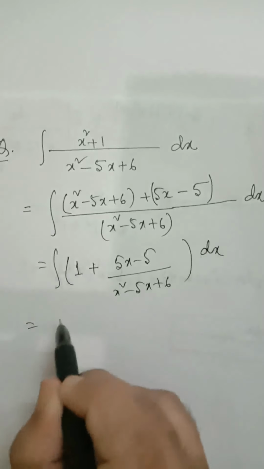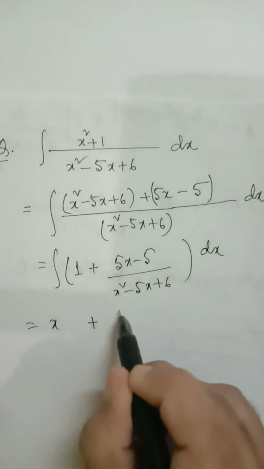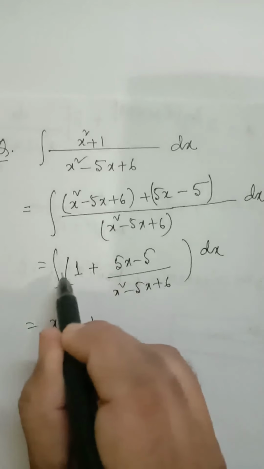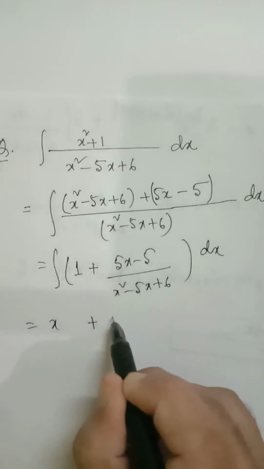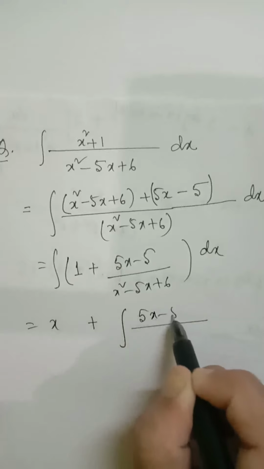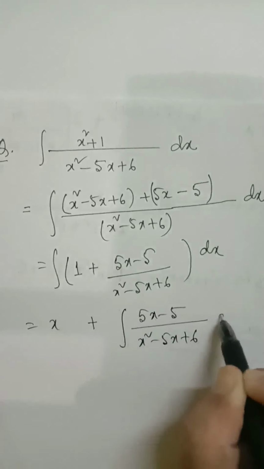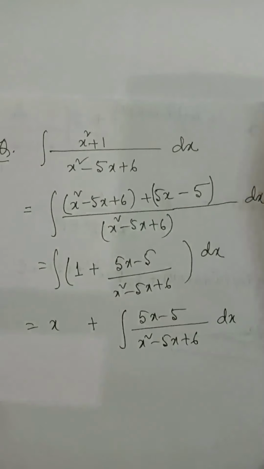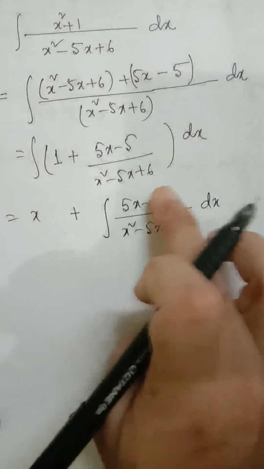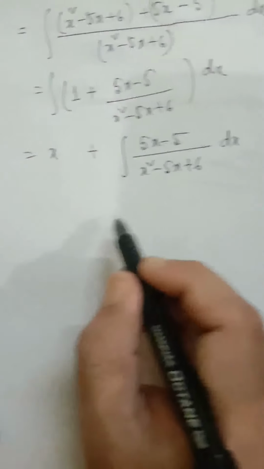This part equal to integration of 1 is x plus integration of this part. We can take 5 common from numerator also. Let me write 5x minus 5 by x square minus 5x plus 6. Now this integral is of the form a linear expression by quadratic expression, and we know how to integrate this type of integration.